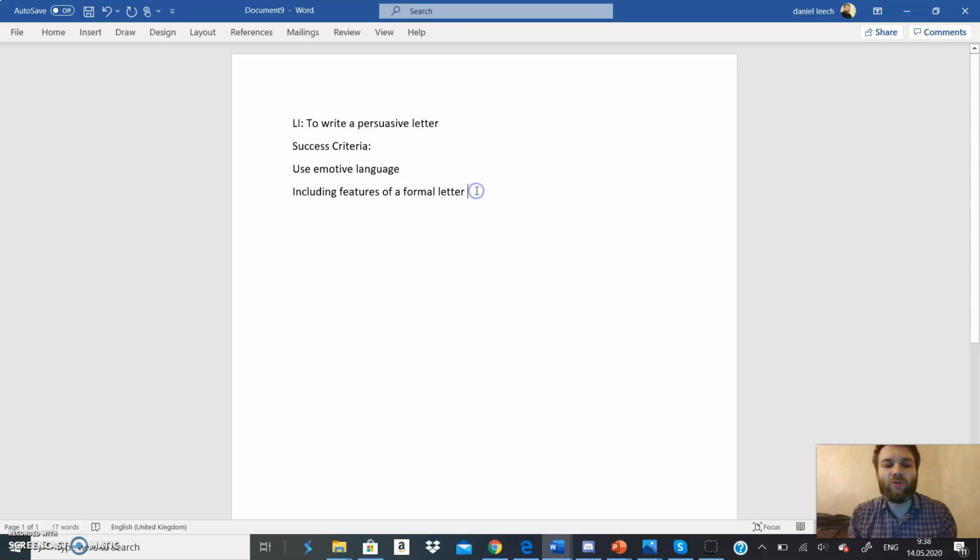So it's kind of two topics together, but the difference is that the formal letter is the format, the type, and persuasive is the purpose. So we're combining those two things together, and hopefully we'll have some good results. So emotive language, include features of a formal letter.